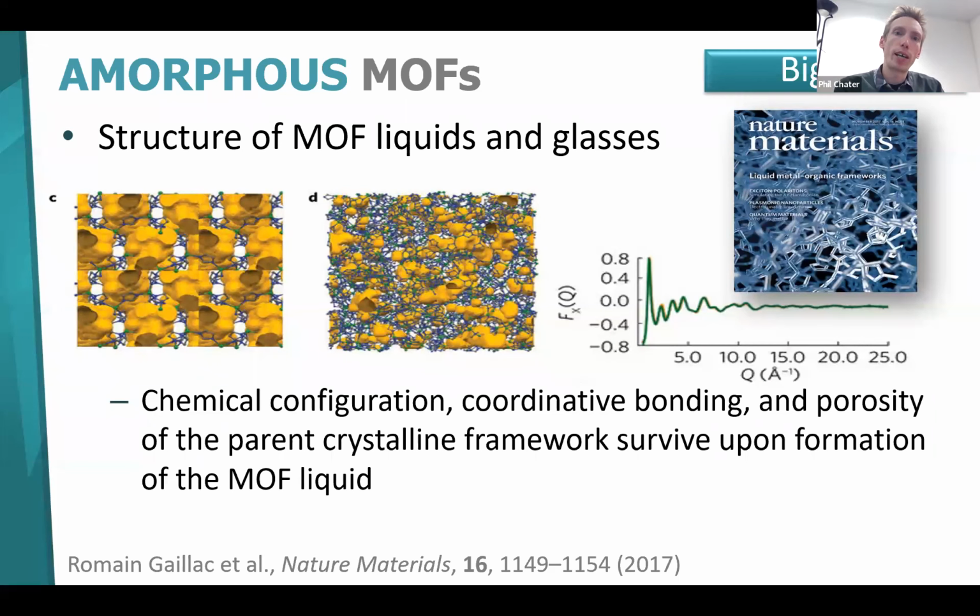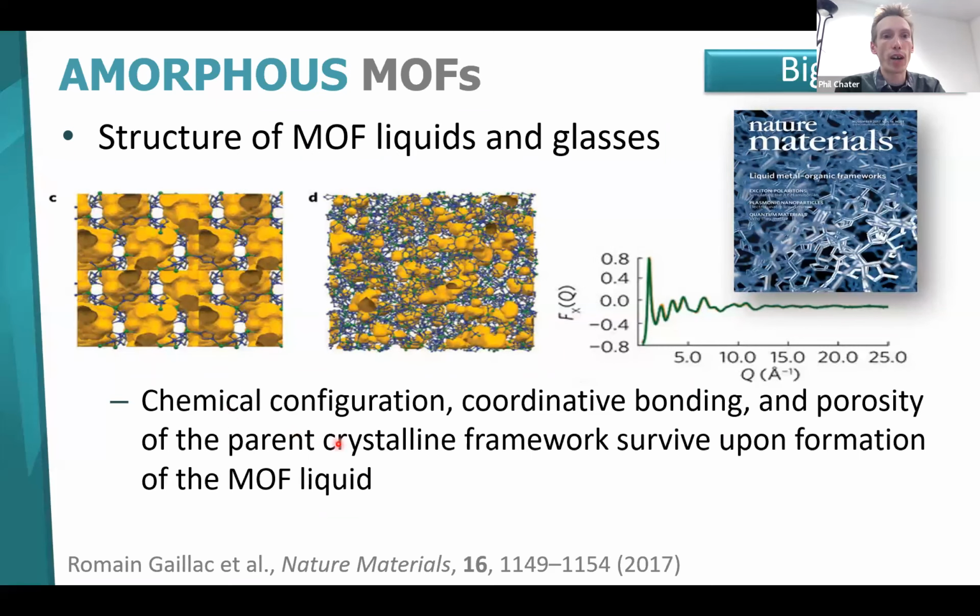And here's an example where a big box method was used to study metal organic frameworks when they became liquids and glasses. So this was a MOF framework, which was heated up to the point that it became molten, and then they could quench it down and form a glass again. And by using this type of big box, they were able to model what the liquid and glassy states look like.